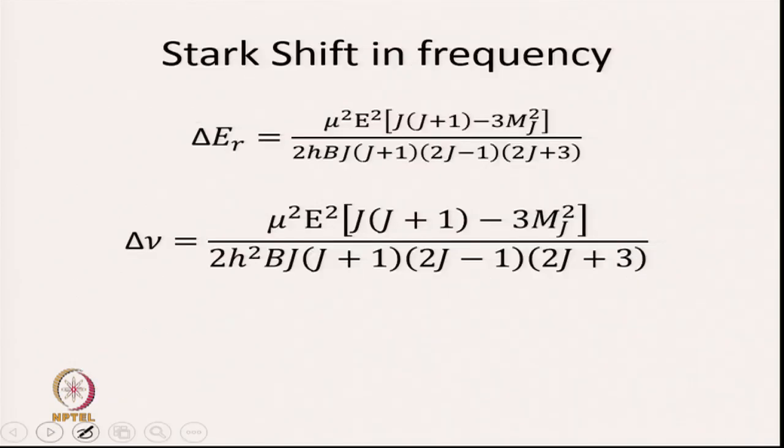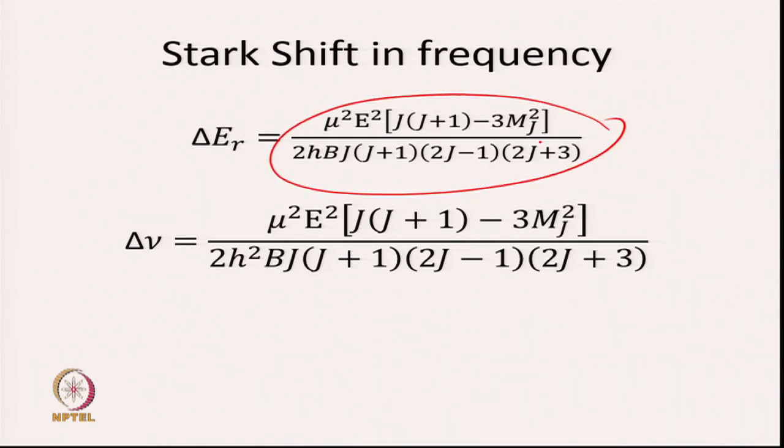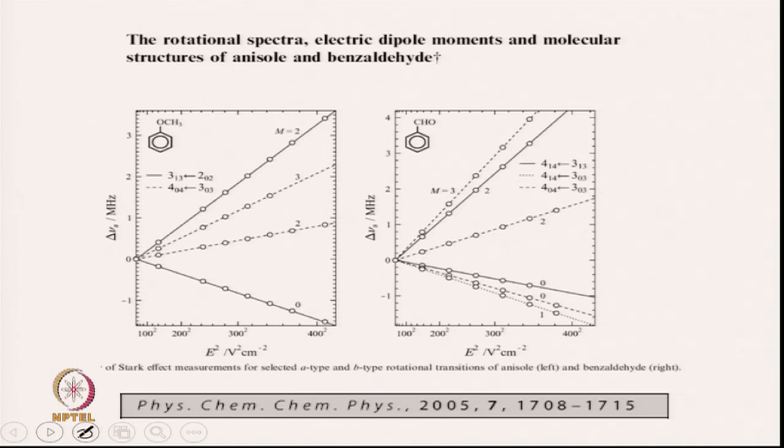So, delta E_R is given by this value, and then delta nu is delta E_R by h, and you can see that it is 2 h square, here it is 2 h. And when I plot delta nu versus E square, I can get the value of the dipole moment, where mu is your dipole moment.